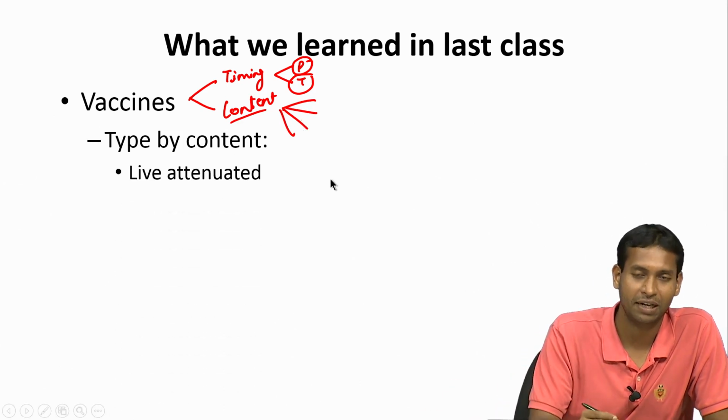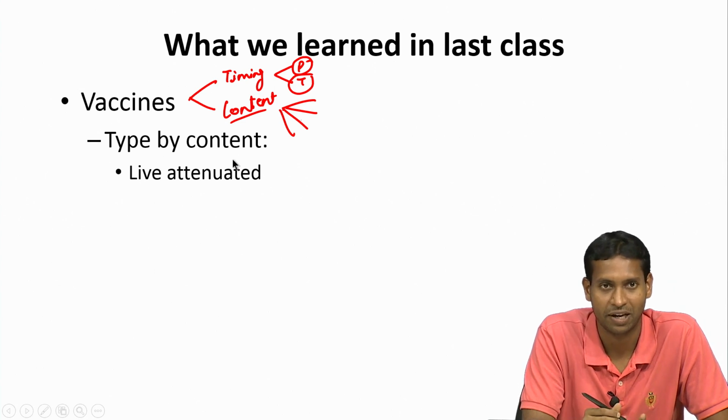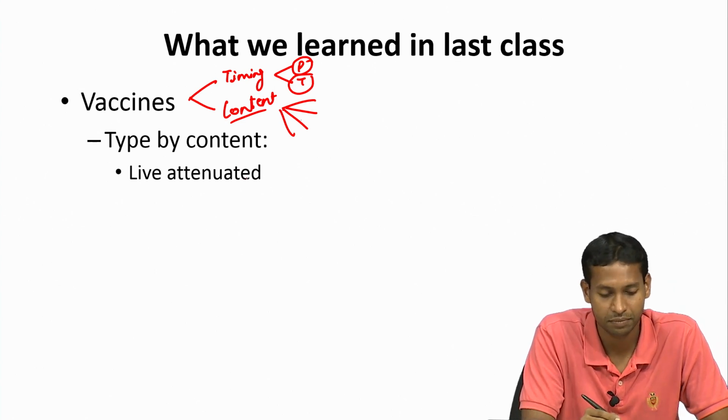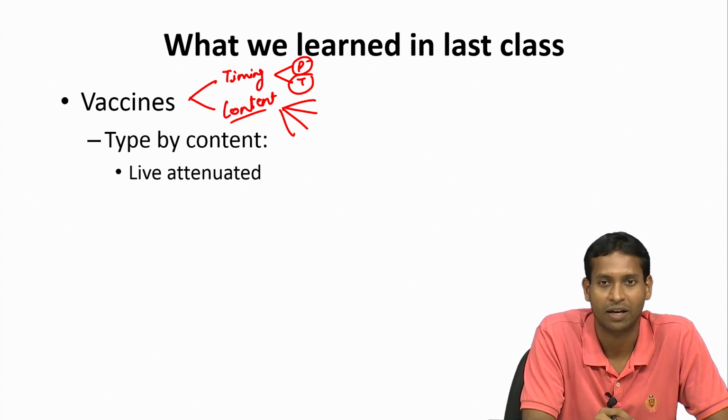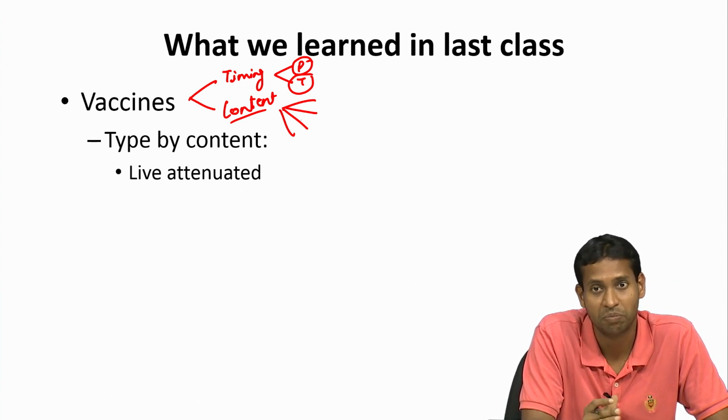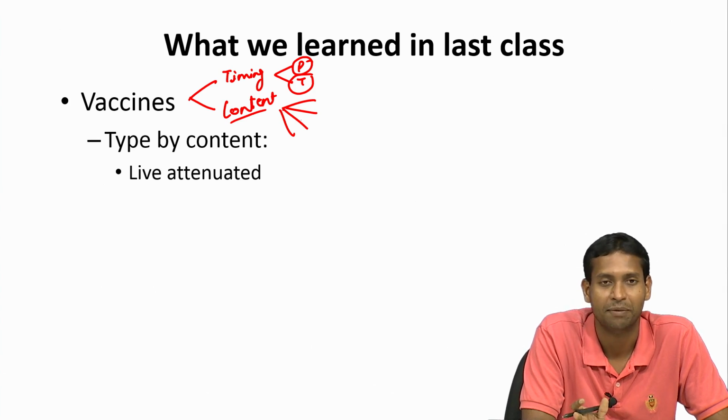one was live attenuated, in which you take a bacteria or a virus or whatever the germ is, you attenuate it, basically decrease its virulence. So, it cannot immediately cause a disease, but it can potentially cause a disease if it persists. But you are basically giving enough time to the body to adapt to it before it can cause a disease.